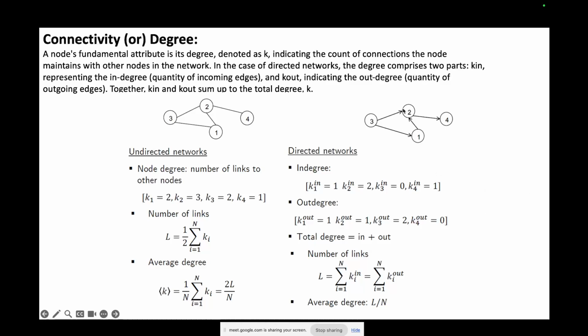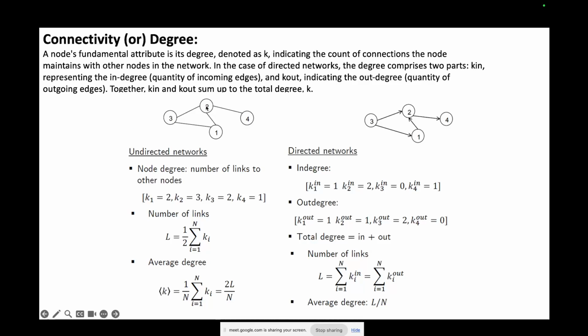So for example, for node 2, the in degree will be 2, because there are two edges coming towards the node, and the out degree will be 1, which is one edge going out of the node towards another node, the fourth node. If you sum up the in and the out degrees, you get the total degree of the node.